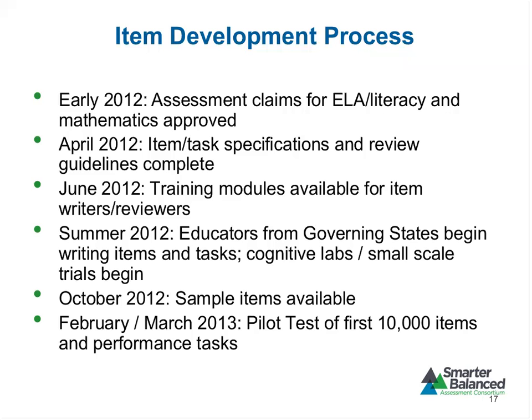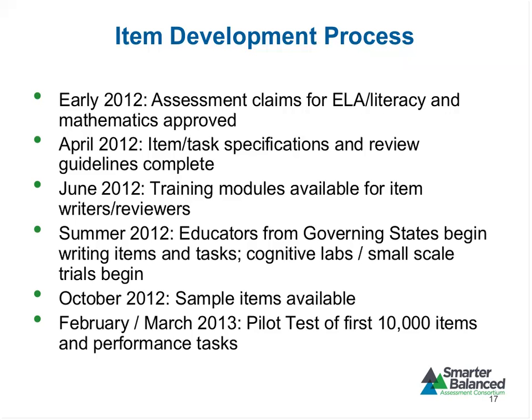One is about reading, one is about writing, one is about listening and speaking, and one is about research. I won't go into depth now, but basically it says kids can read well, they can write well, they can listen and speak well, and they can do research.